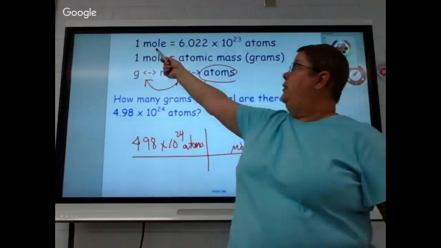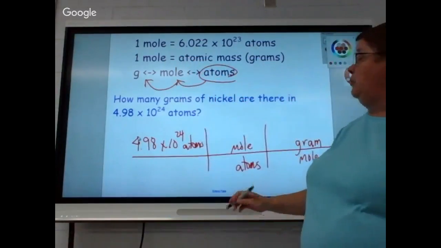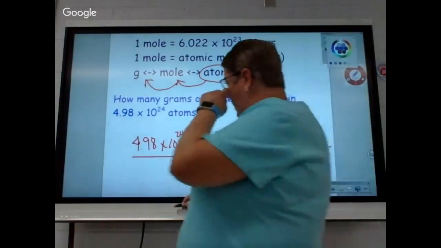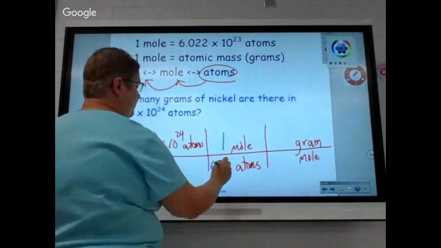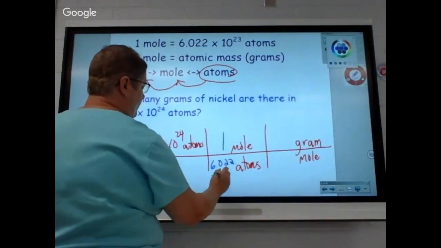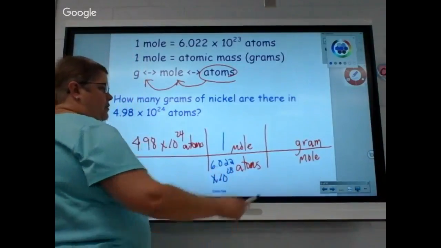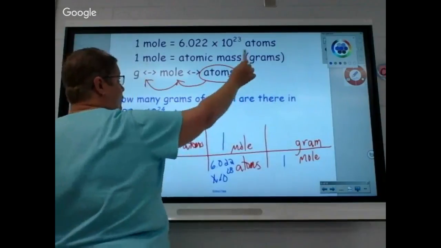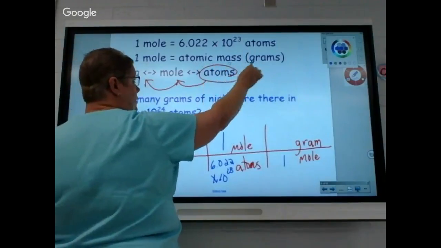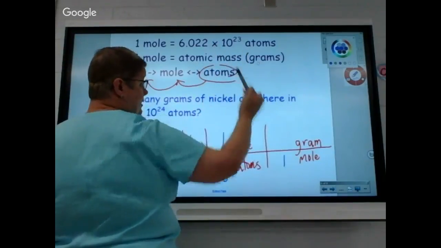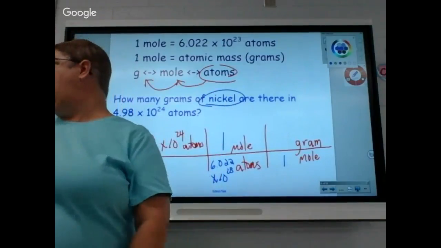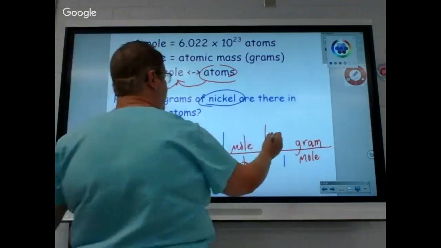The top one. What's beside moles? 1. What's beside atoms? Now, this one is going to have what beside it? 1. And what's going beside grams? Atomic mass. And I have nickel. So when I look up nickel up there, I have what? 58.69.